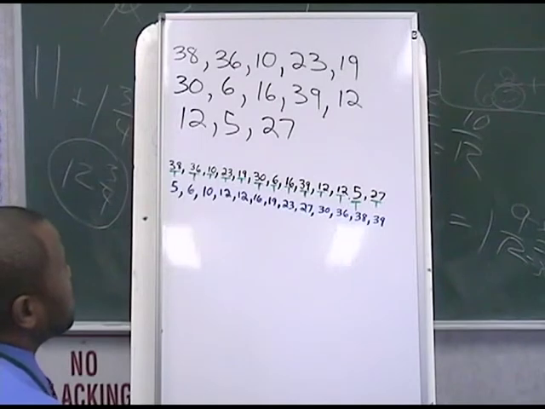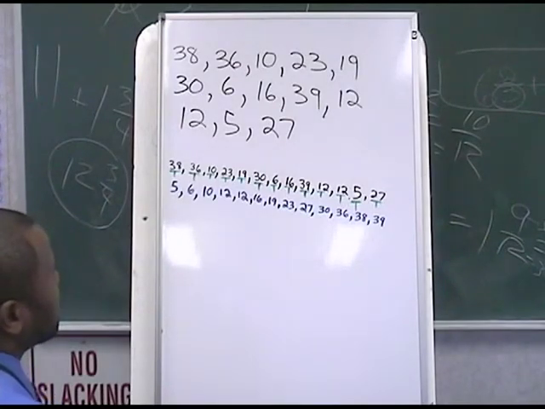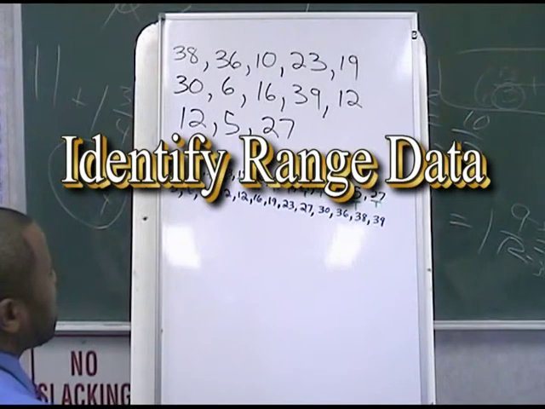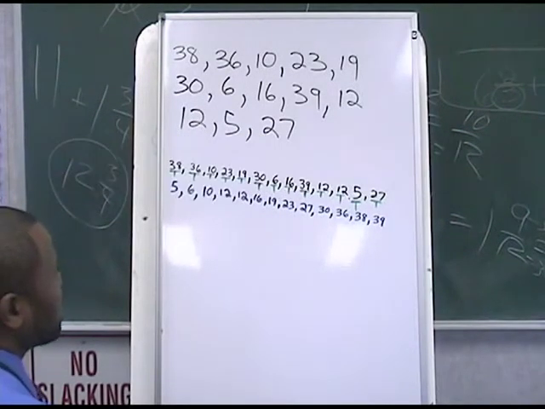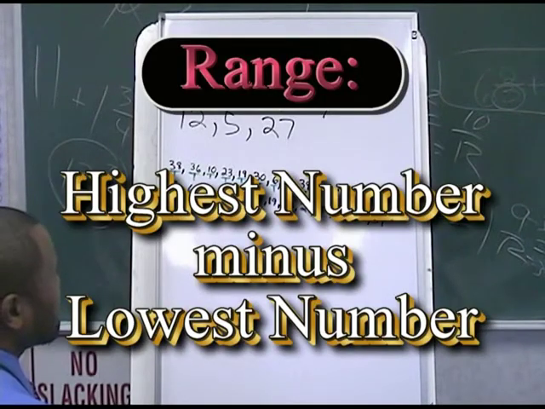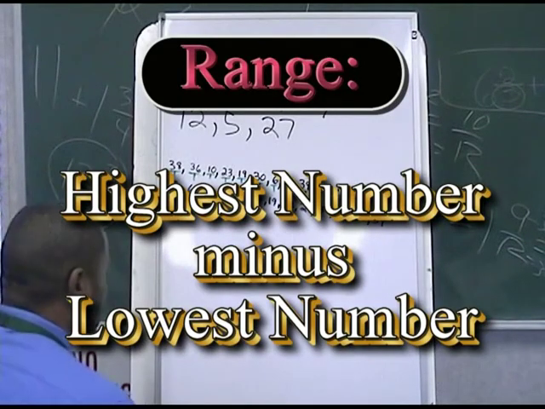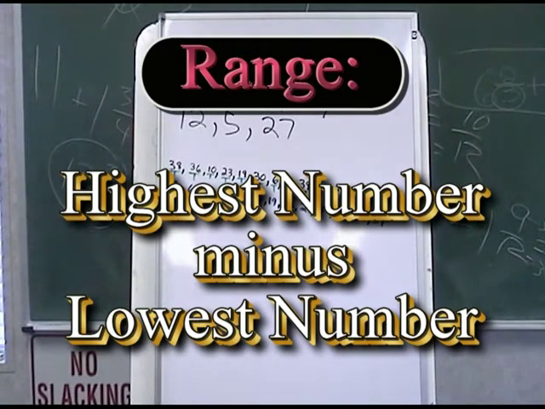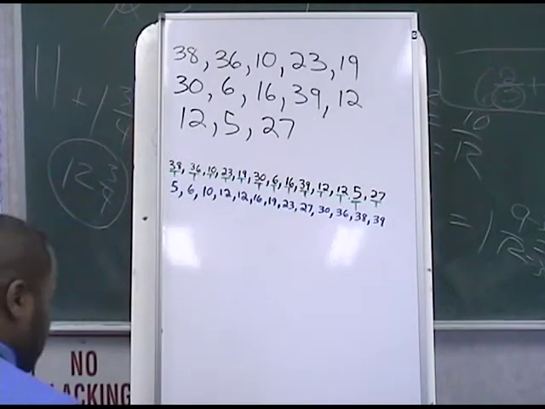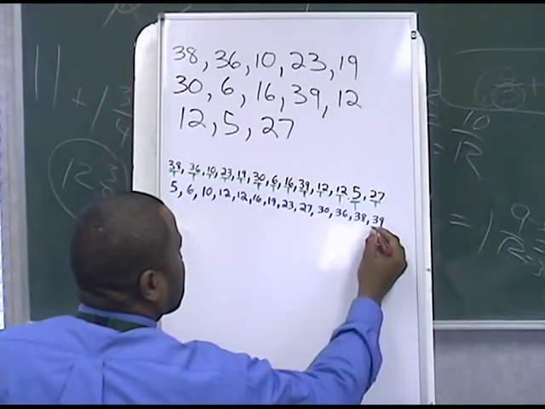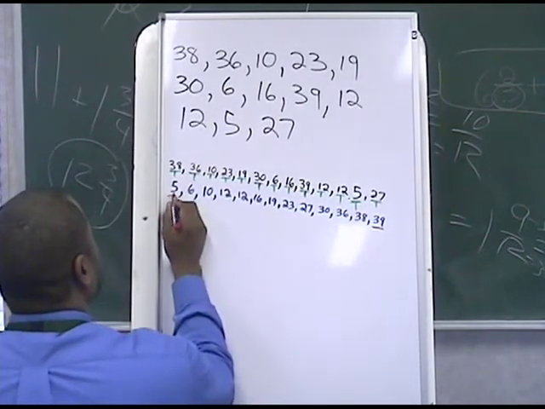Now since they're ordered from least to greatest, I'm going to identify my numbers that are going to help with my range. The range is the highest number in the data set minus the lowest number in the data set. The highest number in the data set is 39. The lowest number is 5.